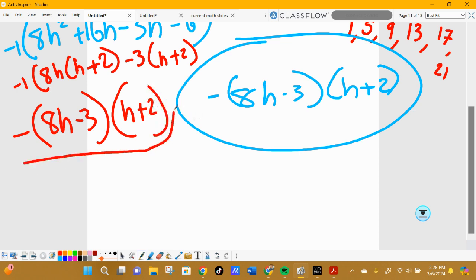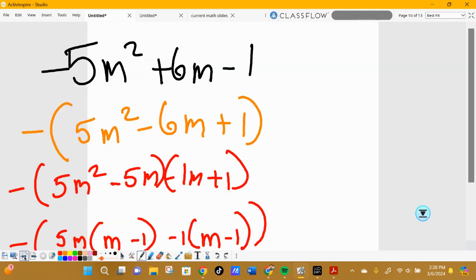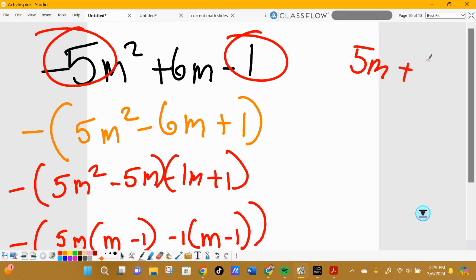So this is the answer from the last one we didn't get to. I know it was 16 and 3 because they are factors of 48, which we got from 6 times 8. Same thing works for this one. 5 times 1 is 5, so two numbers that add up to 5: 5m plus 1m.